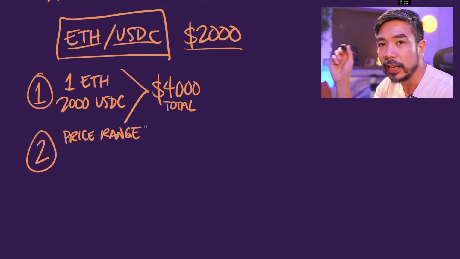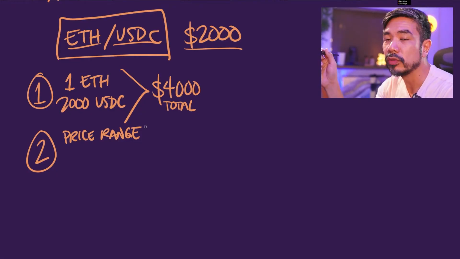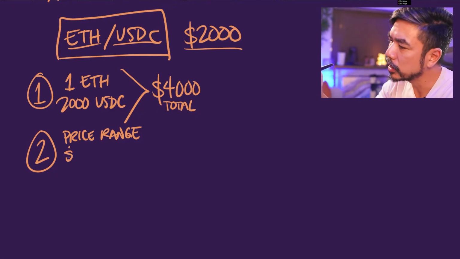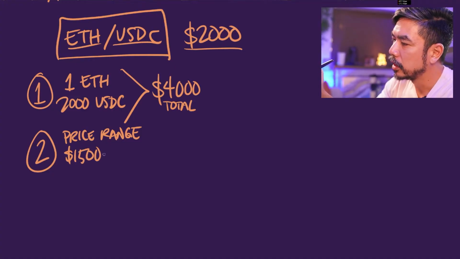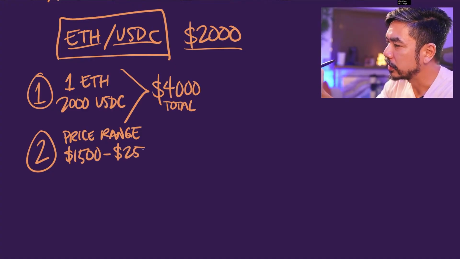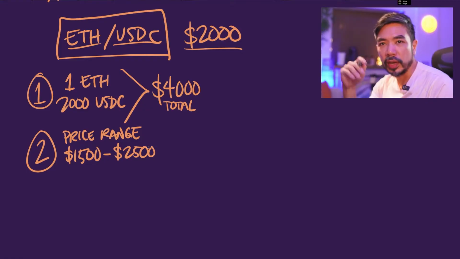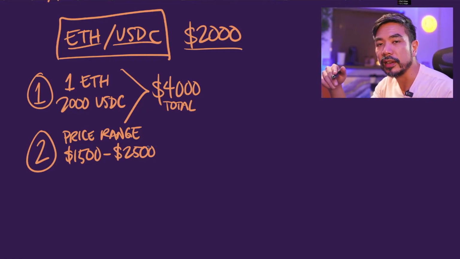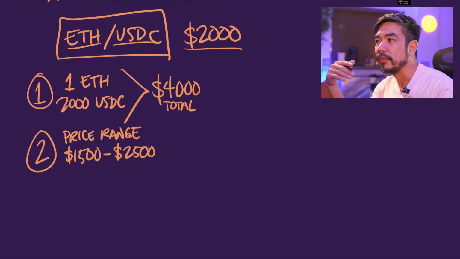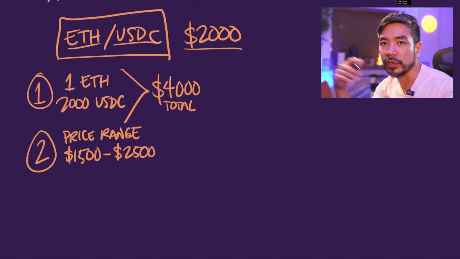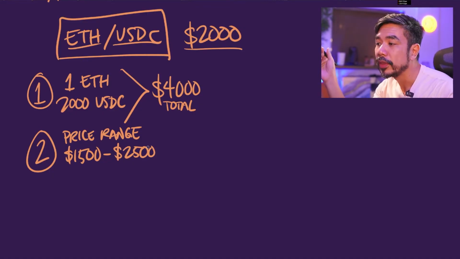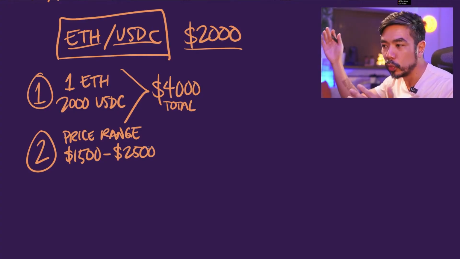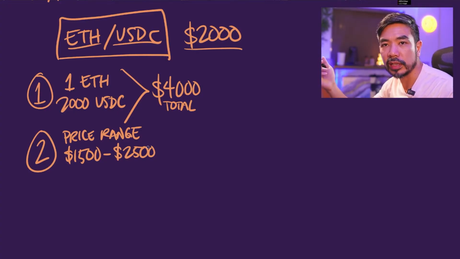But for now, let us pretend that the price range that we pick is $1,500 to $2,500. So again, let's just talk about what that implies. What we are actually saying here is that we assume that the ETH price over the next couple of weeks maybe will move between 1,500 and 2,500.